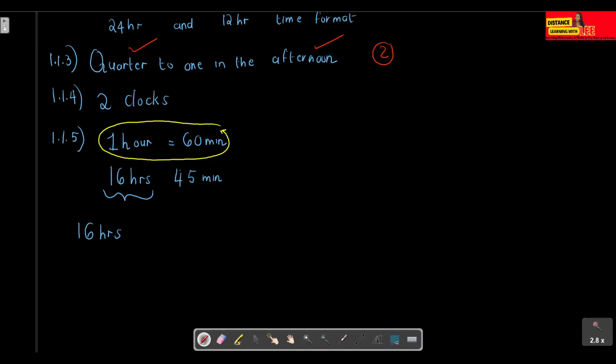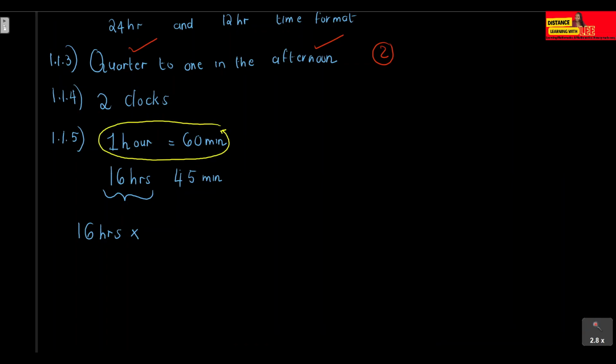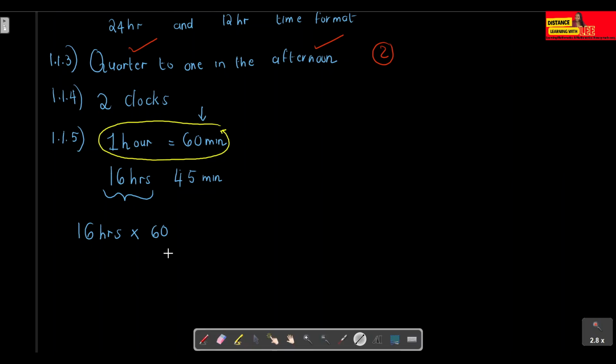Then we multiply by what we want. We want our units in minutes, so we multiply by 60 minutes, and then we divide by what we have. We've got our units in hours, so you just divide by 1 hour.